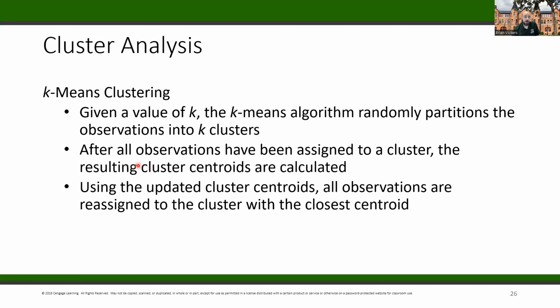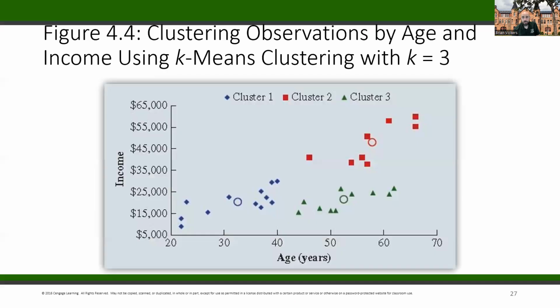It's going to look at all of the observations. It's going to assign it to one of those clusters. And then it's going to give a centroid value for all of those as well. And this is what that would look like. All right, so cluster 1 is all of the blue values. Okay, and we're looking at the age of the observations and the income of those observations.